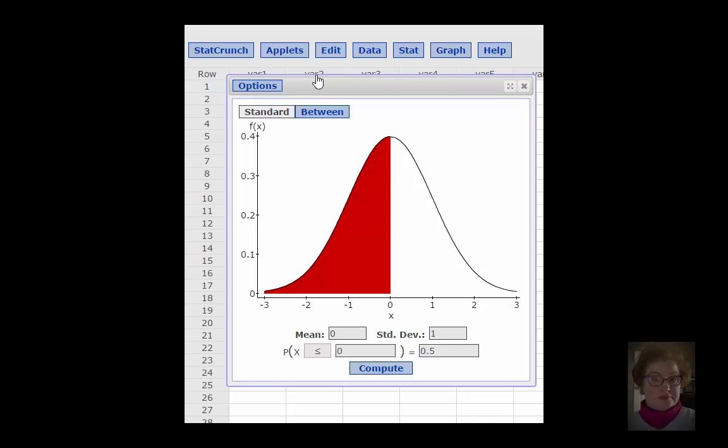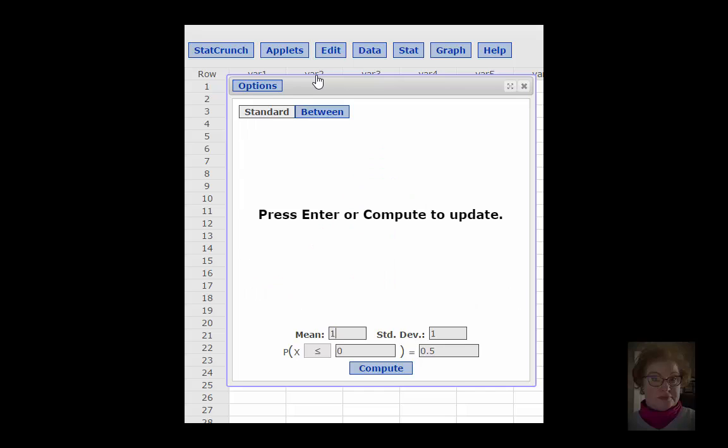And that's what we're looking at there. We're looking at a normal distribution where the mean is 172 and the standard deviation is 29. And you can see I can deal with any distribution here. It doesn't have to be a standard normal distribution.